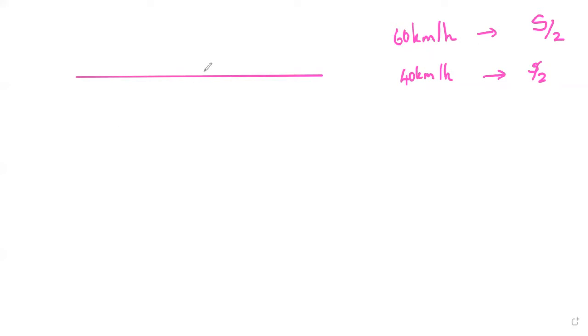So here let's mark that in this diagram. Since it's a distance, I'm marking it like this. This is S by 2 and this part is another S by 2. The next point is we actually don't know the time there, so that's the main problem. Let's say this is t1.